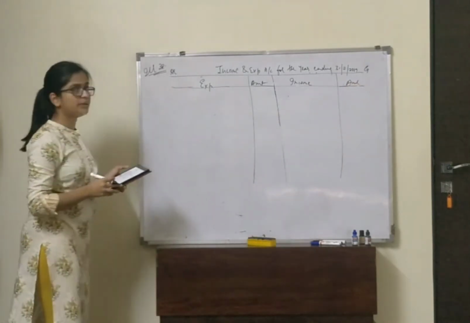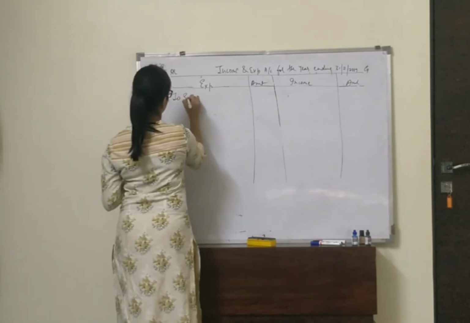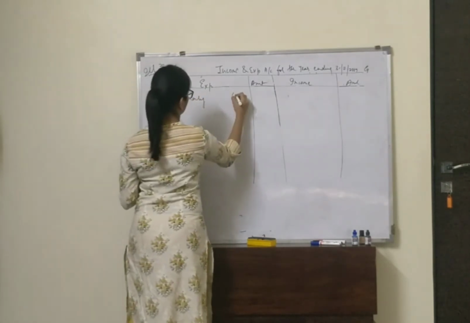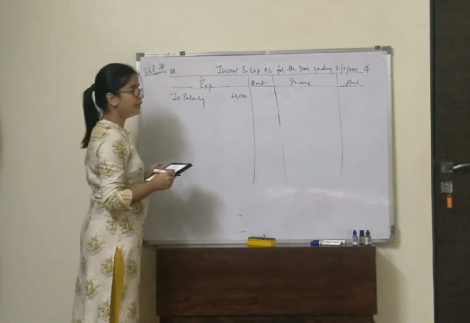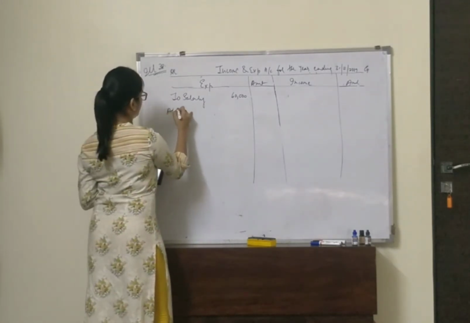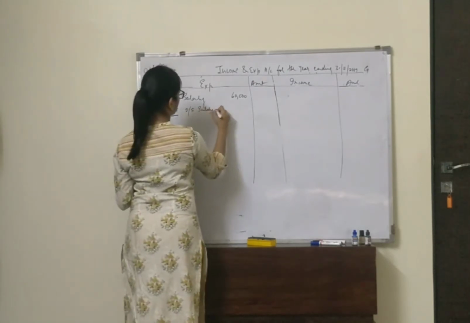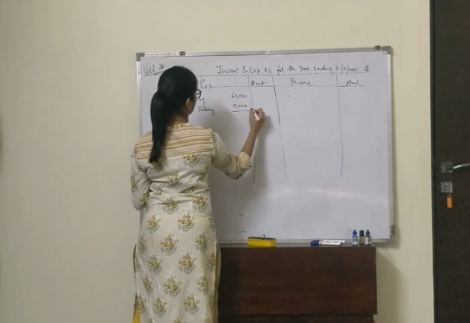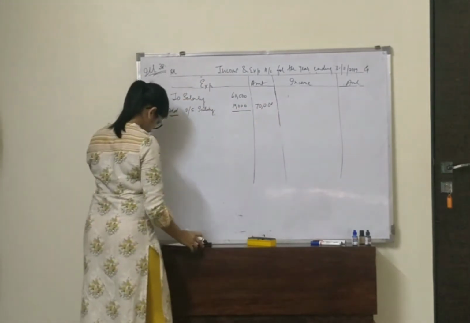So first in the receipt and payment account, let's go to the payment side. We have salary, 60,000. Do we have outstanding salary? Yes. Adjustment point number 2. So add outstanding salary 10,000. So how much do we get? 70,000.